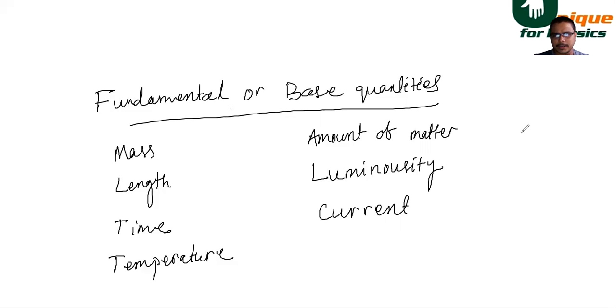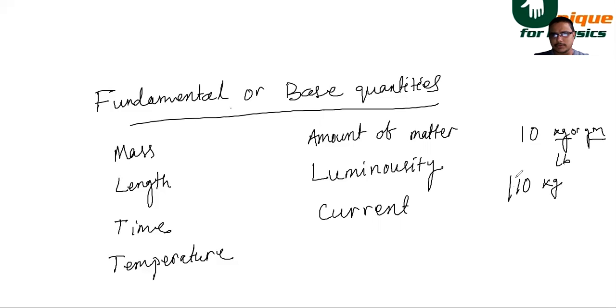For example, if you write mass is equal to 10, then you may be confused about which system of units you are using. Are you writing 10 kilogram, or gram, or are you writing in terms of pound? So you need to be very clear about the magnitude, the value that you are writing, and the system that is used.